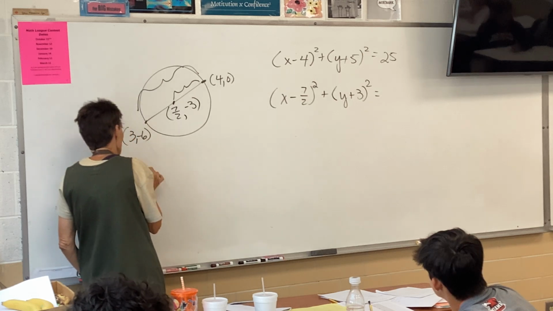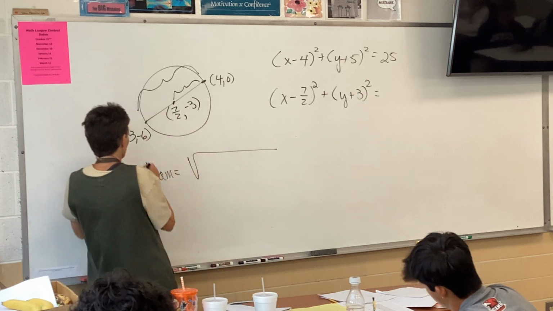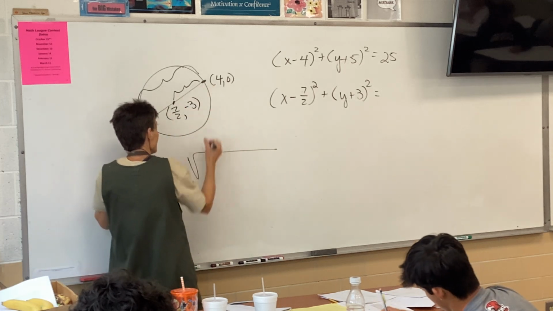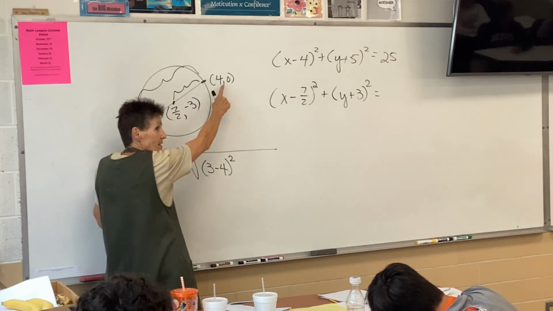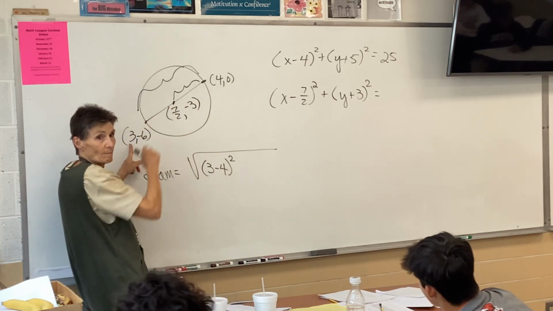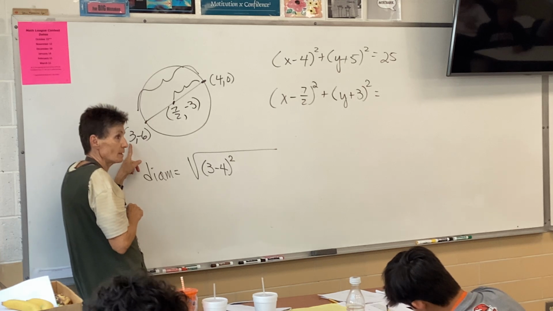So here we go. My diameter is 3 minus 4 squared, right? X minus x. Please tell me we didn't forget the distance formula during lunch.